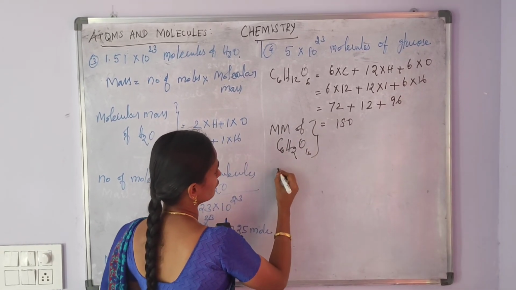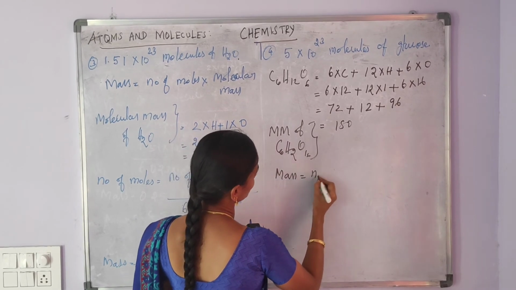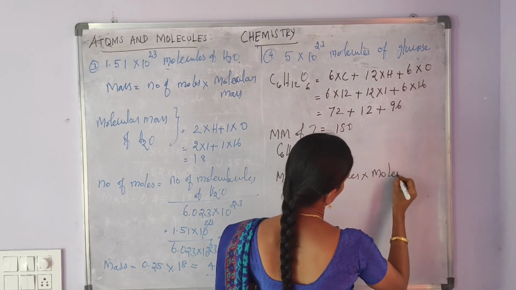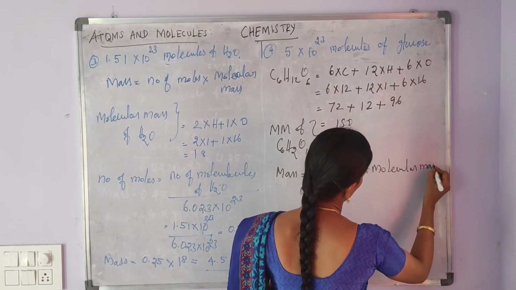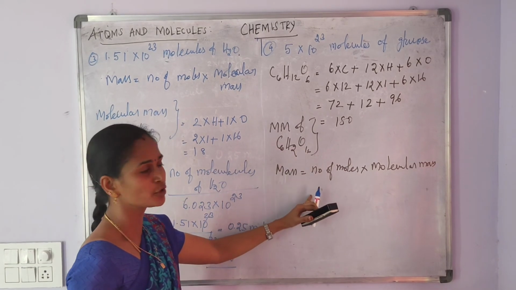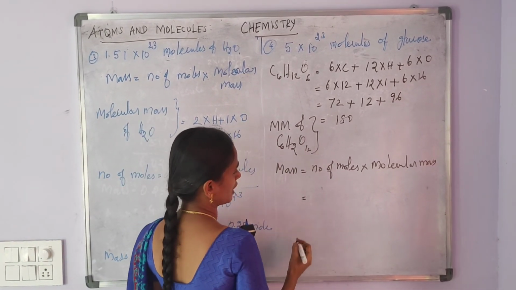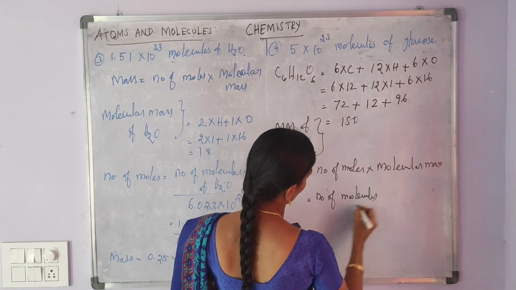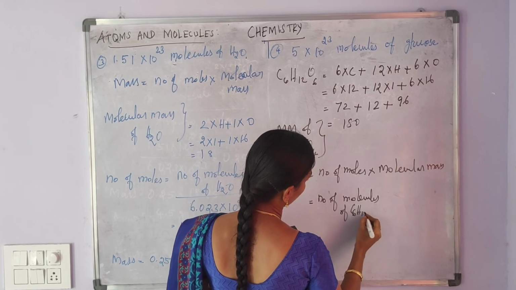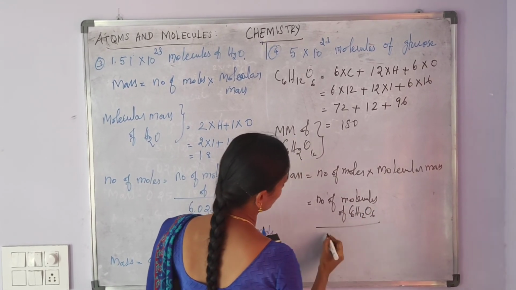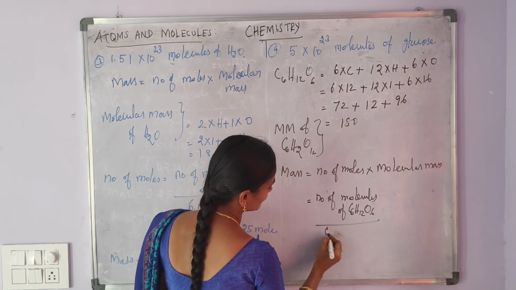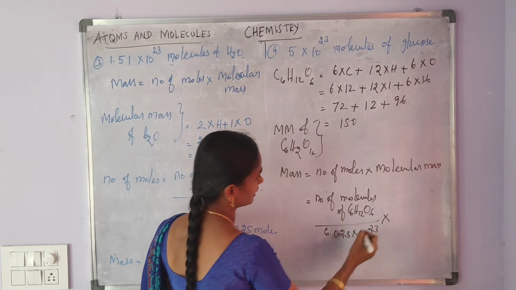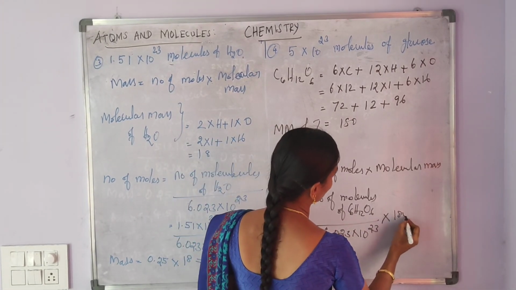Okay, now the formula is mass is equal to number of moles into molecular mass. We want to find the number of moles. The formula is number of molecules of glucose divided by Avogadro number, that is 6.023 into 10 power 23, into molecular mass is 180.